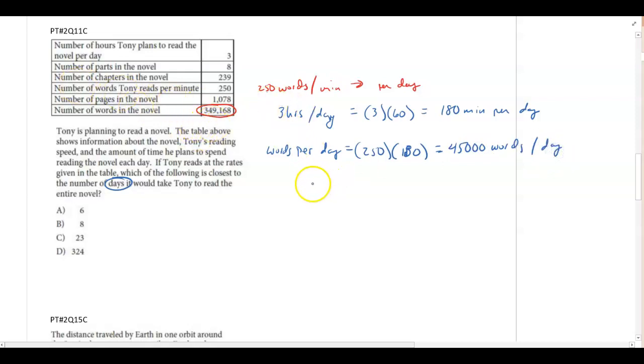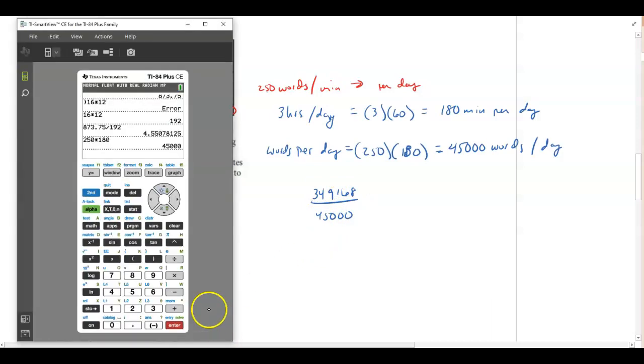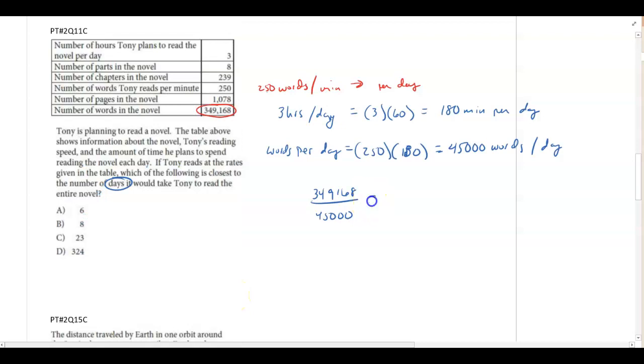Well, if I take the number of words in the book and I divide that by the number of words per day, so now I'm just going to take 349,168 and divide that by 45,000. That would mean it's about 7.75 days, which ends up being about 8 days total.